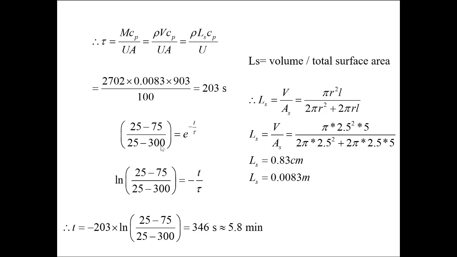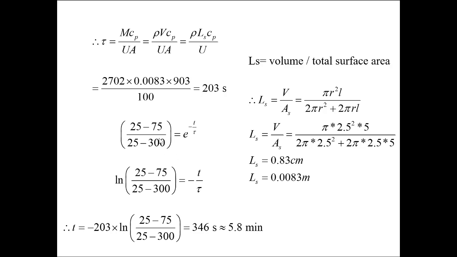Okay, so we know our characteristic time. Now we can further solve it for the time. So from the previous equation, we can again plug in the values of different temperatures. So 25 is the temperature of the surrounding, 75 is our target temperature, and then we have 300, that is the initial temperature of the cylinder.